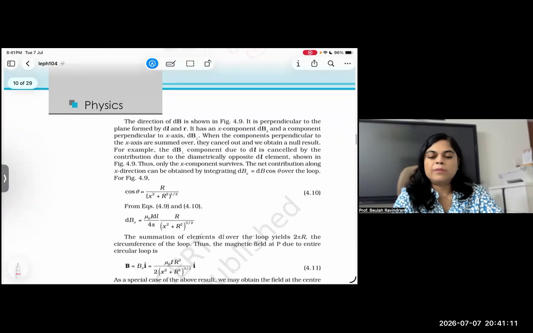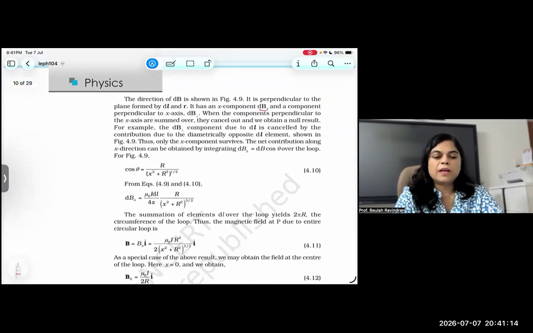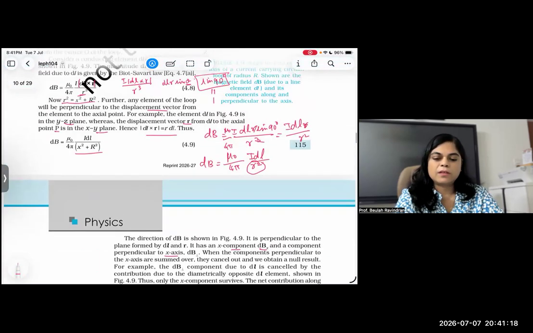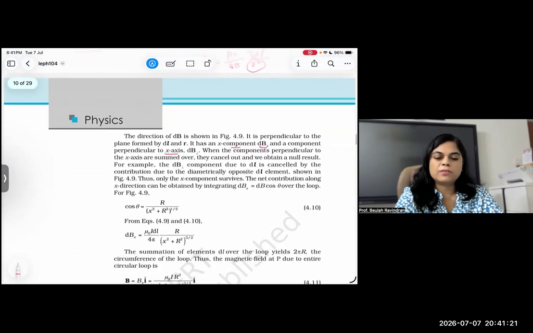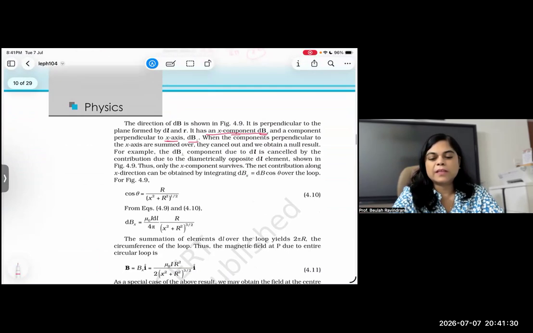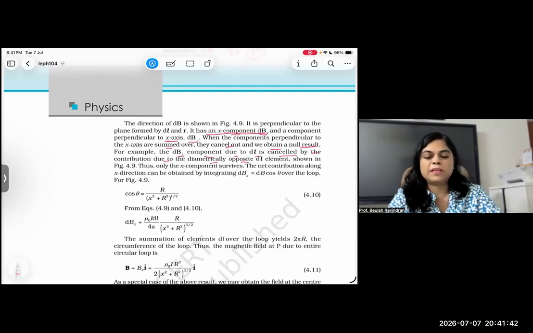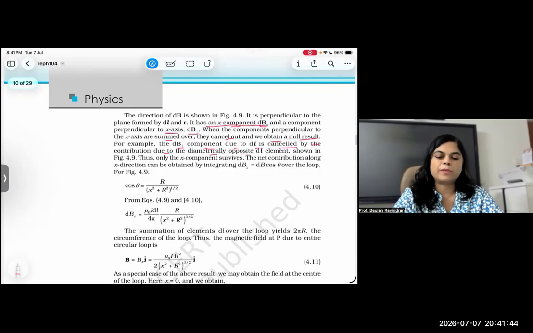Now dB has an x component dBx and a component perpendicular to the x axis. When the components perpendicular to the axis are summed over, they cancel out and we obtain a null result. The dB vertical component due to a dL element is cancelled by the contribution due to the diametrically opposite dL element. So we are taking only the x component.